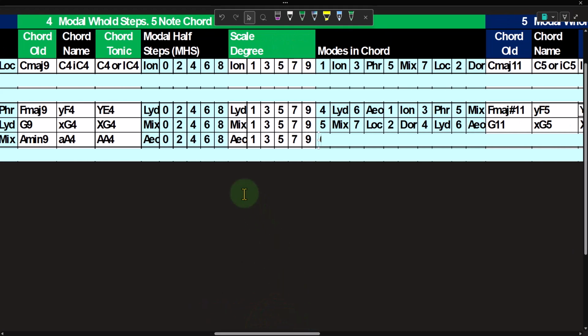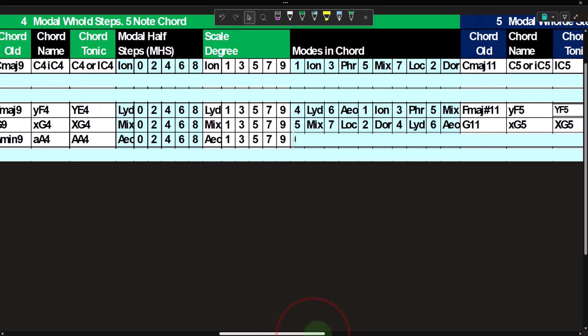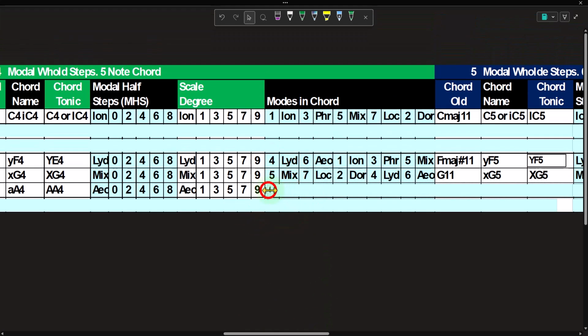I don't want to make this the 1 again. Why? Because I'd like to be able to name all of the nodes. I'd like to be able to say, hey, look, I'm starting on the 6 plus 2, 7, 1, plus 2 to the 3, plus 2 to the 5, plus 2 to the 7, plus 2. Well, that's it. So that'd be 6, 1, 3, 5, 7, or Aeolian, Ionian, Phrygian, Mixolydian, Locrian.